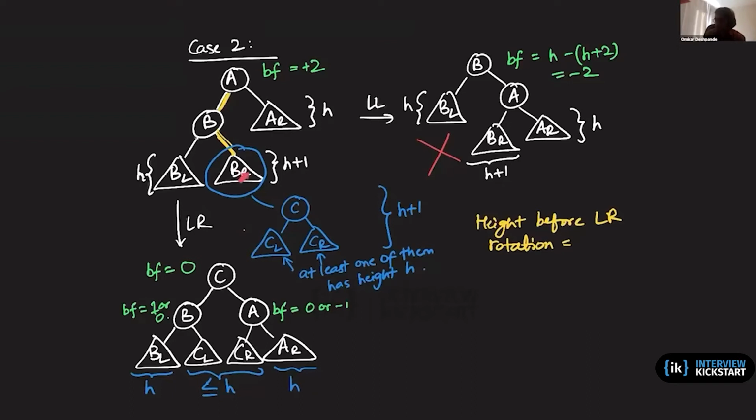So if you follow this path, it was h plus 1 plus 1 plus 1. It was h plus 3. And now the height after rotation is, so this is h plus 1. So we saw that both subtrees of C have a height of h plus 1. That means the subtree rooted at C has a height of h plus 2.